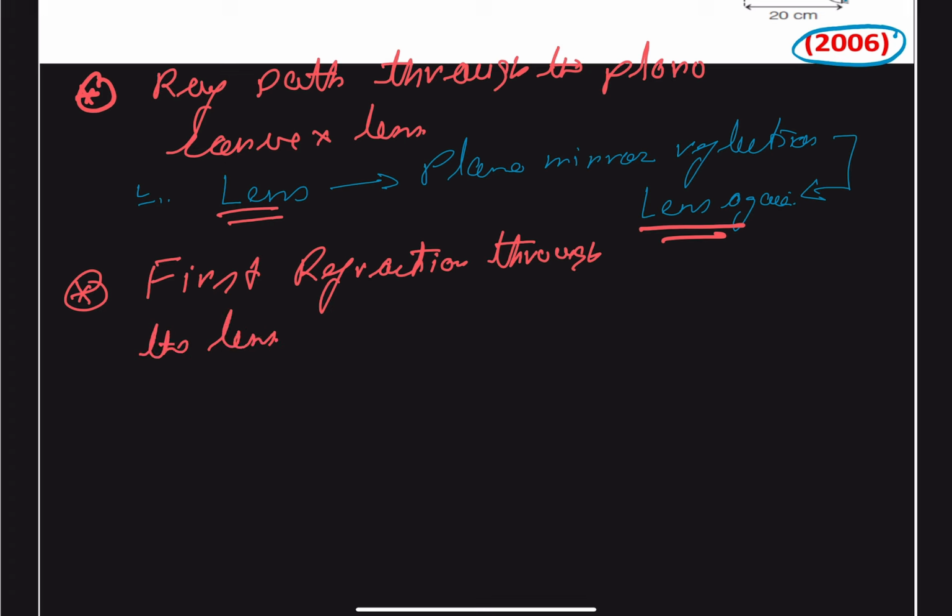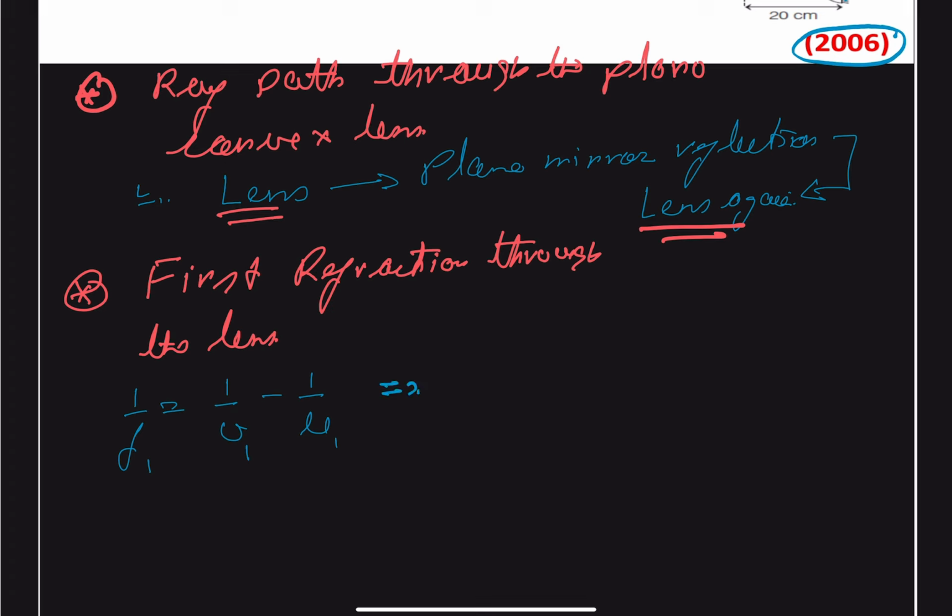And for that we can easily use the formula 1 upon f is equal to 1 upon v minus 1 upon u. For the sake of convenience, because in the first refraction we get this image as v1, and the focal length, let us call this as f1.